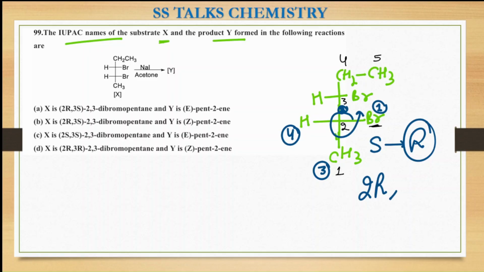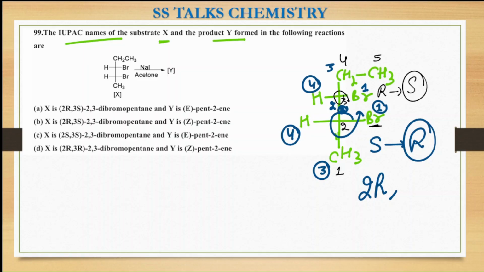Now on the third carbon center, we have to again check the configuration. Here again you can see Br will get the highest priority, then this chain, and then this ethyl group, and the fourth will be given to this hydrogen atom that is attached to it. Doing the rotation 1 to 2 to 3, it is in the clockwise direction, but since again the lowest priority is on the horizontal line, it will be changed to the S configuration.